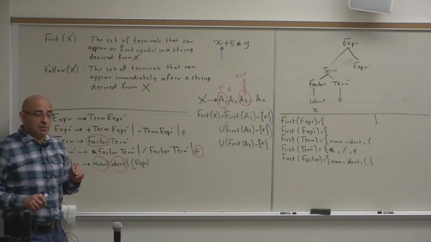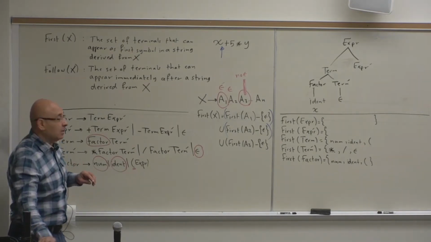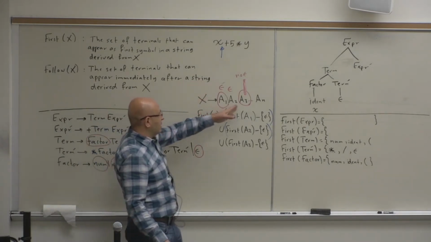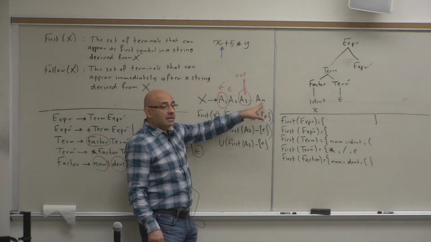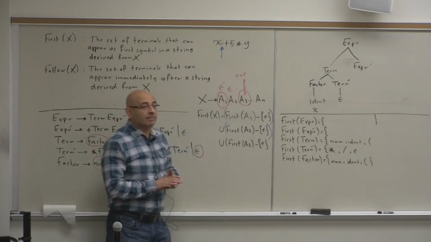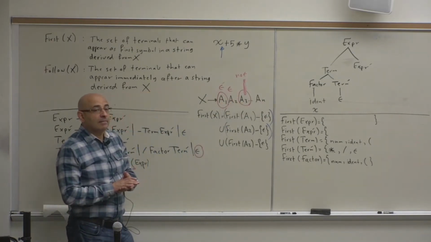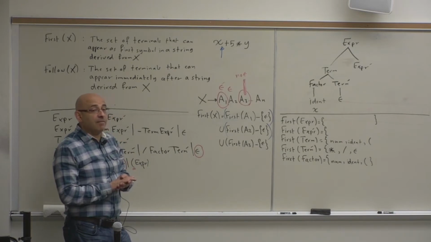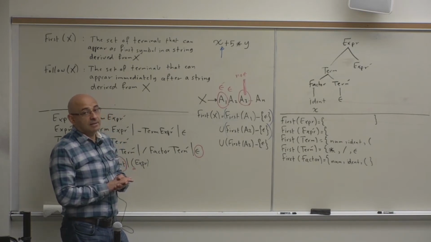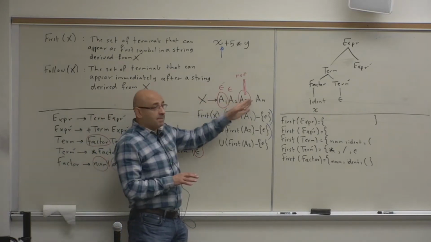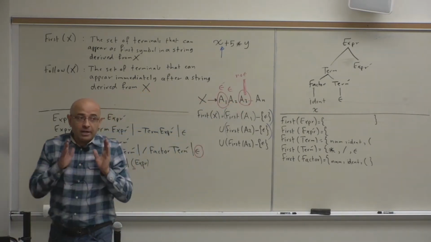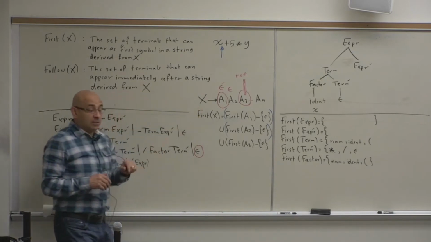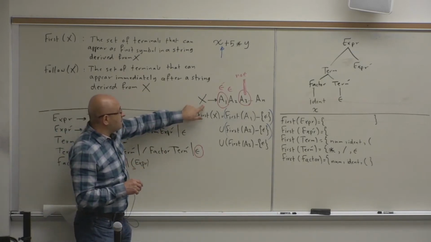Under what condition will it be possible to substitute epsilon for the whole X, which consists of the concatenation of these n variables? All of them are epsilon? Exactly, yeah. If all of them have epsilon in the first set, only then it will be possible to substitute epsilon for the X.